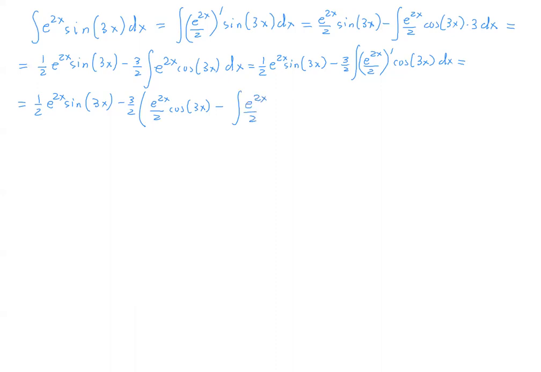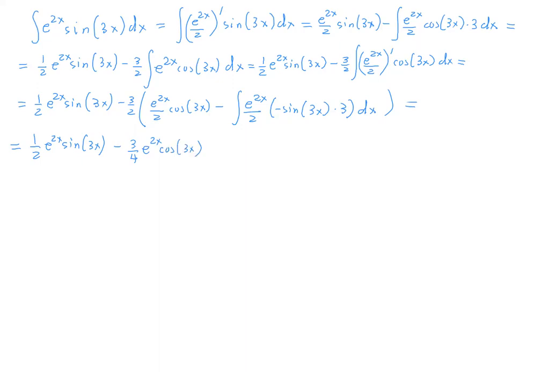What is the derivative of the other component, cosine of 3x, meaning we take the derivative of cosine of 3x? It's negative sine of 3x times 3. That's the derivative. And now we need to do a lot of cleanup. So let's see. 1/2 e to the 2x sine of 3x. And here we will have minus 3/4 e to the 2x cosine of 3x.